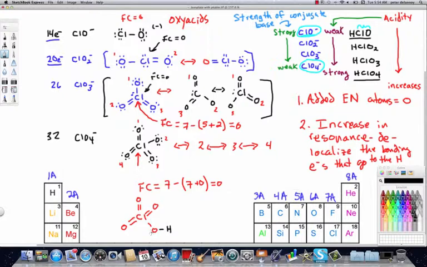All right, and when I say that the resonance helps with the delocalization, you see it's this set of electrons right here that's involved in bonding the proton.